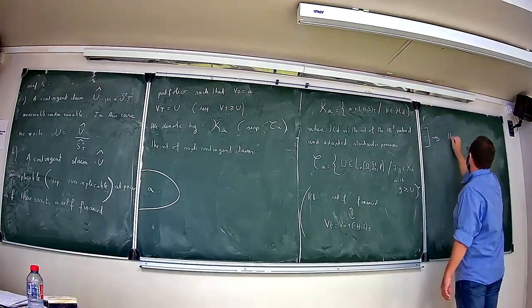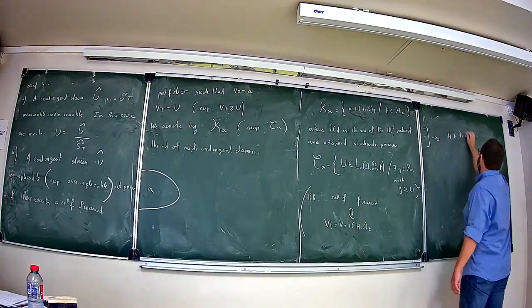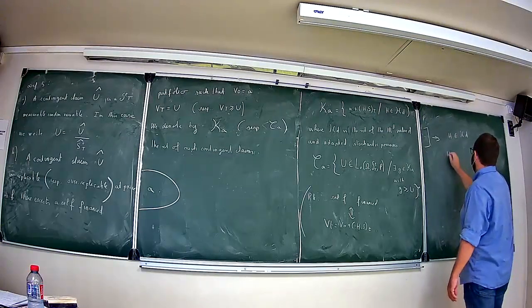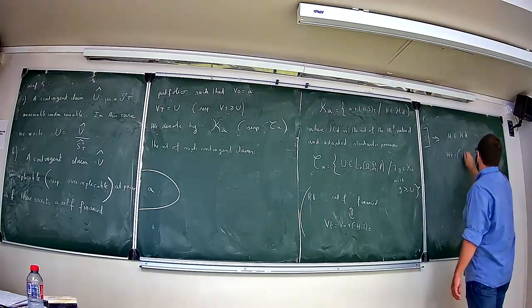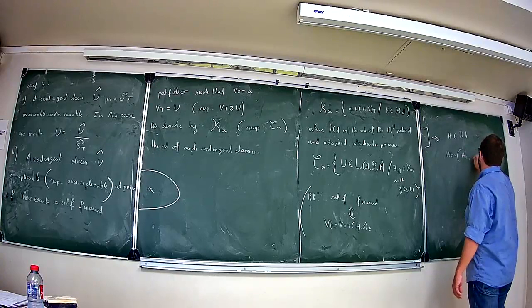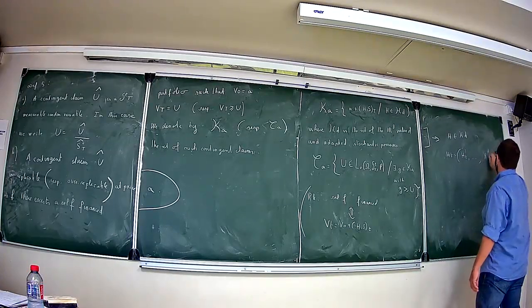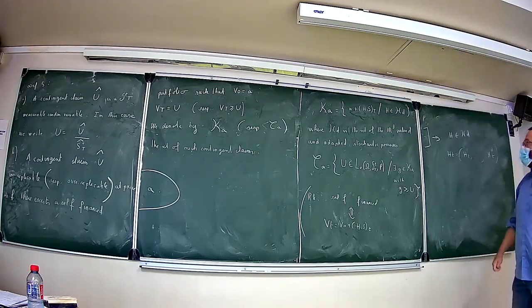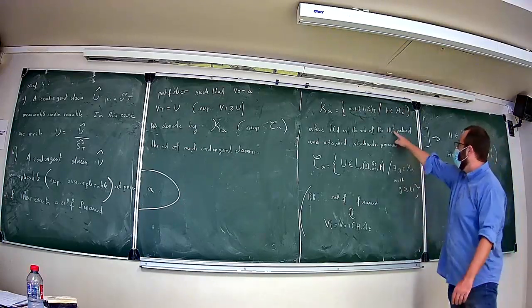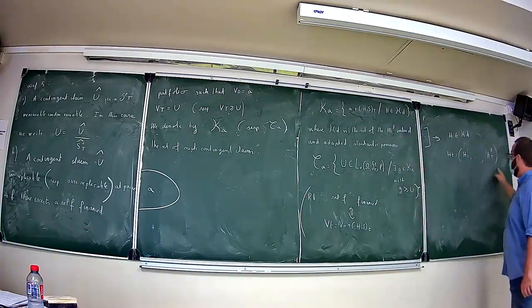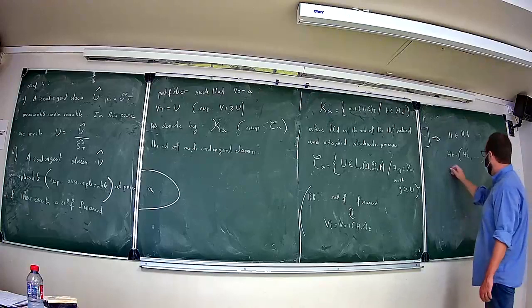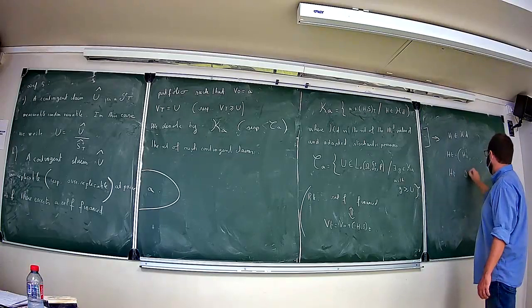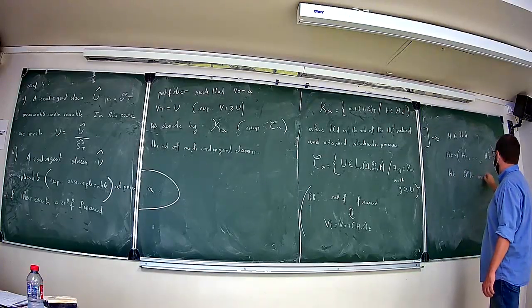So H belongs to H_D, so it means that you have H_t that is something of this form, with values in R to the power D, D components, and something such that H_t is F_t measurable.